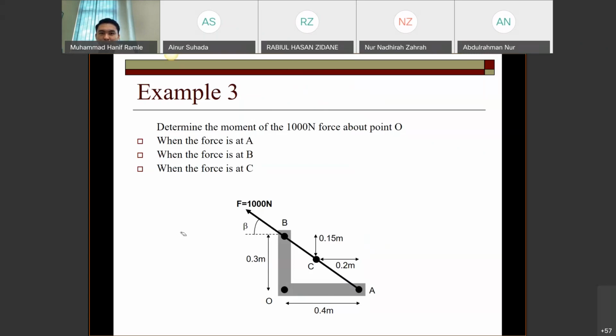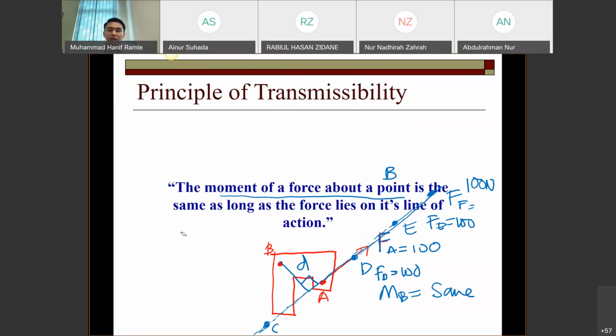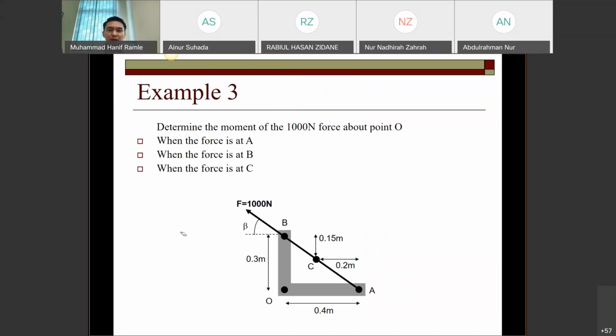This one is correct. The answer is minus 240 Newton meter, similar to before. This example, example 3, is showing you the principle of transmissibility.